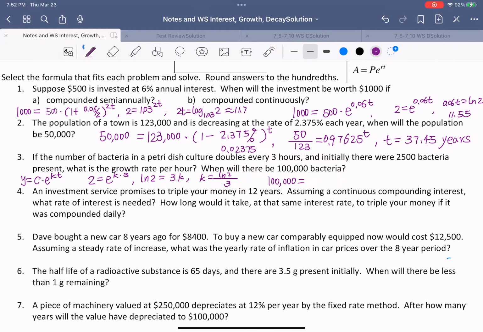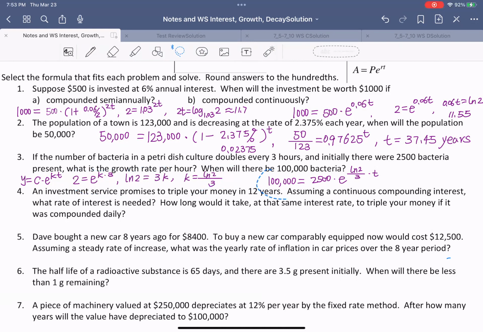Who is the initial? 2500. 2500 is the initial times e to the power who? ln 2 kt, right? Yeah. So you have ln of 2 over 3 times t. Make sense? Yes.